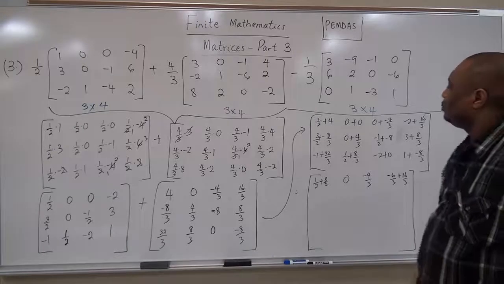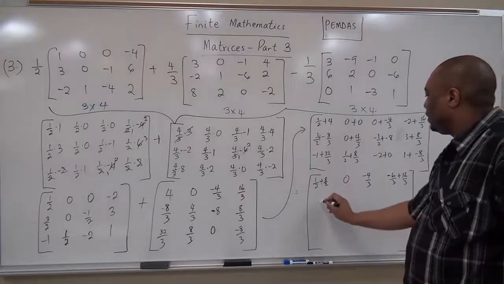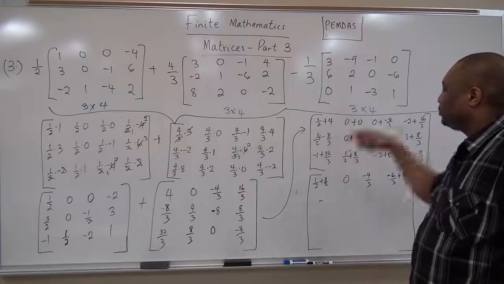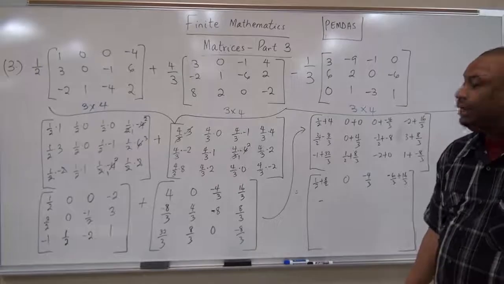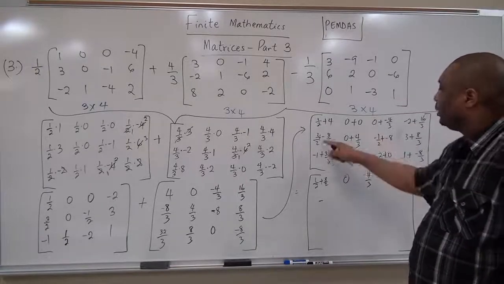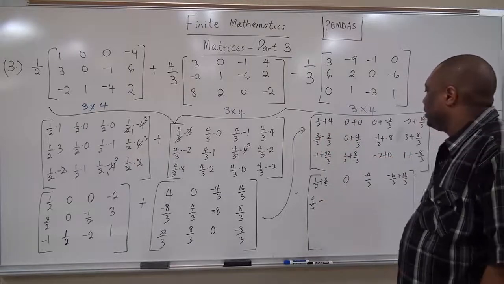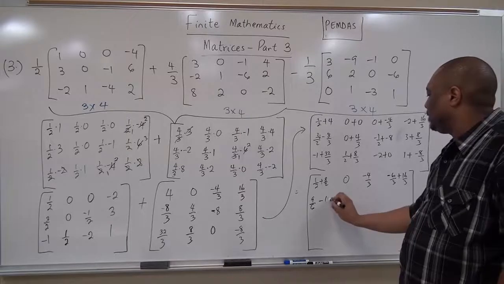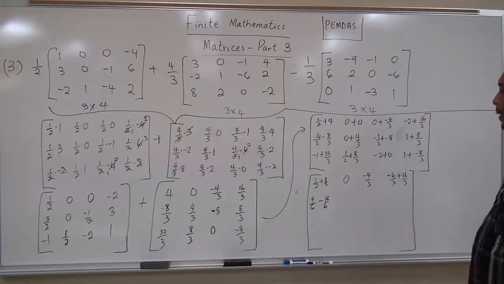Then 3 over 2 plus minus is minus, right? So let's write our minus. Now 3 over 2 minus 8 over 3, how do we put it in the same denominator? This will be 3 times 3 is 9 over 6, right? And 2 times 8 is 16 over 6. Okay?